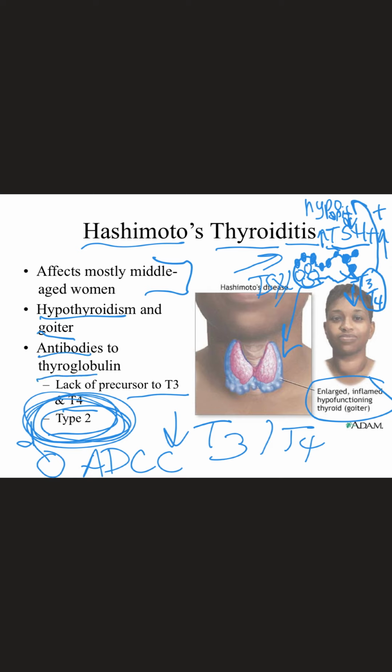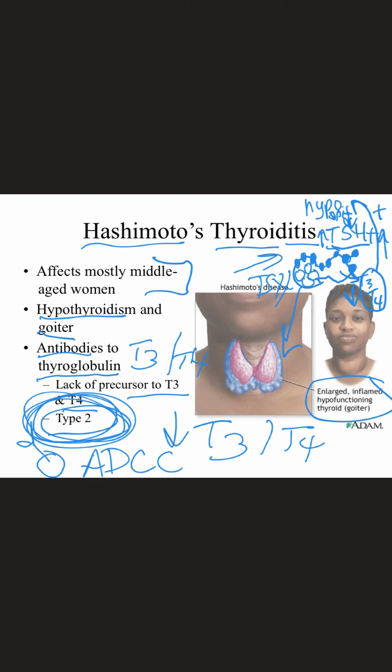So this involves antibodies to thyroglobulin, which is the large precursor to T3 and T4 that's present inside of the follicle that is cleaved into pieces. I'm trying not to get too in depth here. It's cleaved into pieces for T3 and T4 to be liberated and then released into the bloodstream.